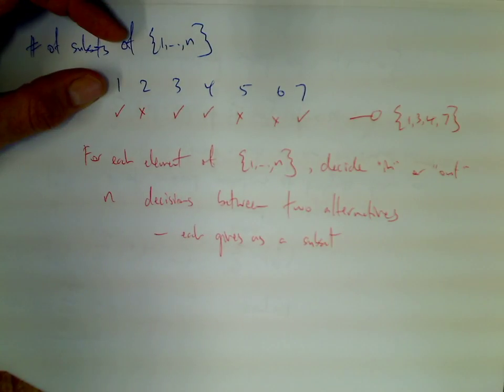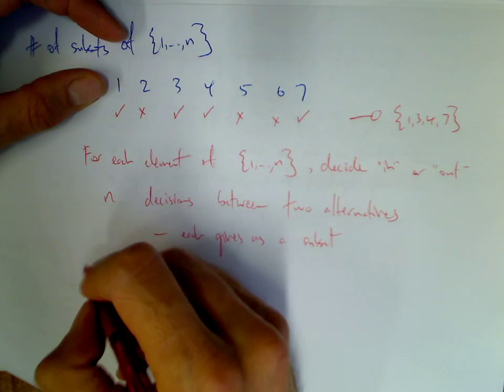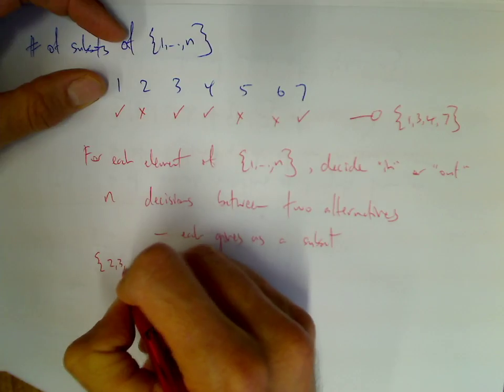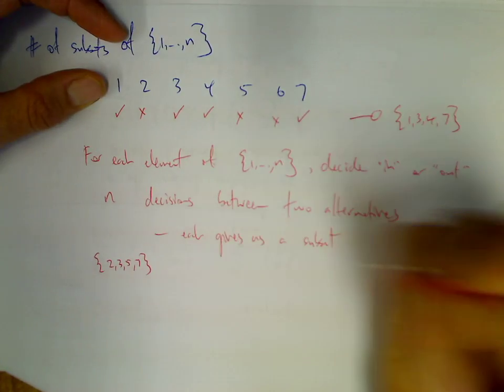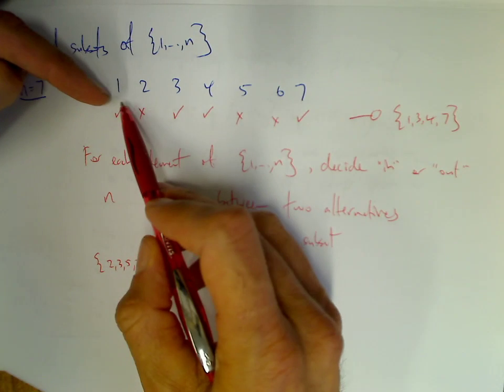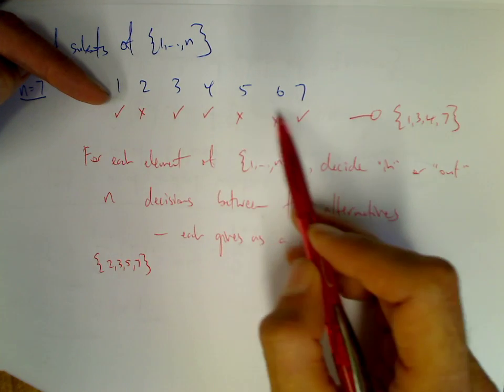And conversely, if we have a subset, then we get a way to choose it in this way. So if my subset is, say, 2, 3, 5, 7, because I feel like the prime numbers, then if I want to choose 2, 3, 5, 7, I just go no, yes, yes, no, yes, no, yes.